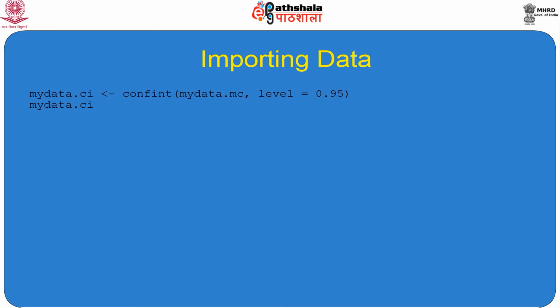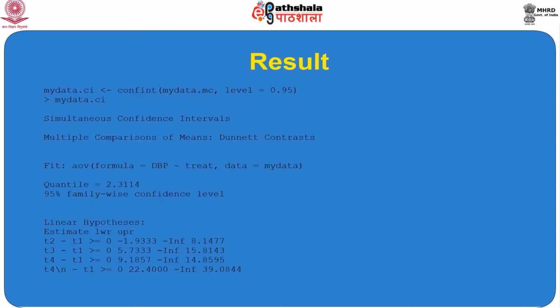We will use mydata.ci and the function confint to get the confidence interval of these regression estimates, and within parentheses we give mydata.mc with level 95% confidence interval, calling mydata.ci. This gives us the treatment-wise comparison confidence intervals. As estimated, T2 and T1 came as minus 1.933, and this confidence interval comes from minus infinity to 8.1477.